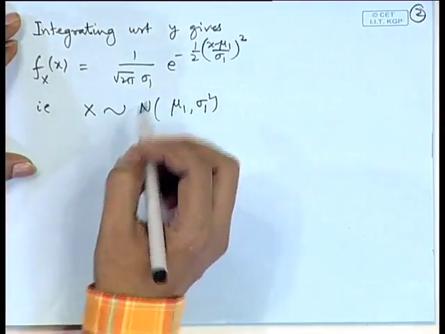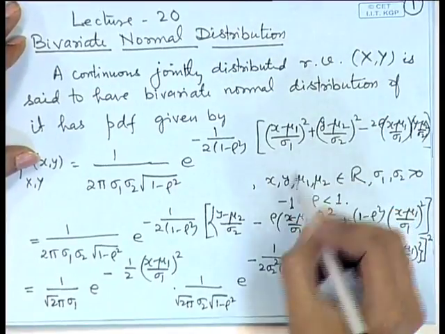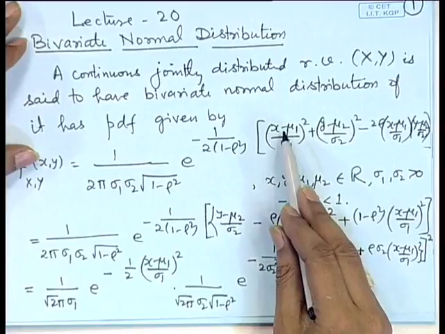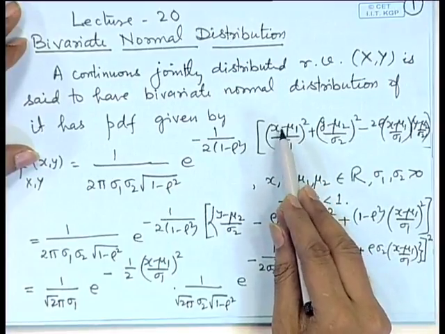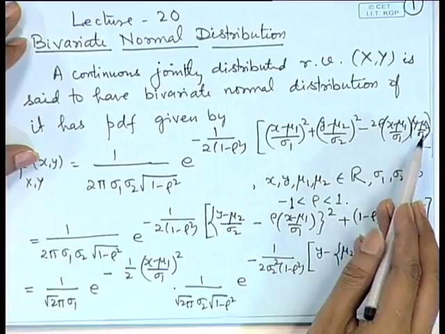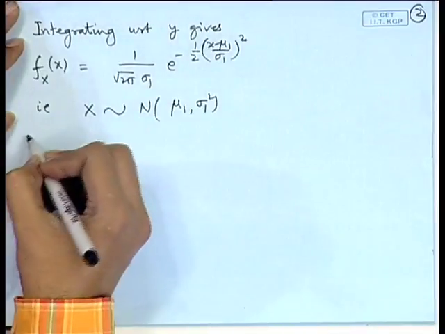In a similar way, we can split this term when we want to integrate with respect to x; then I make it a perfect square in x. So, we will write (x minus mu 1) by sigma 1 minus rho (y minus mu 2) by sigma 2.